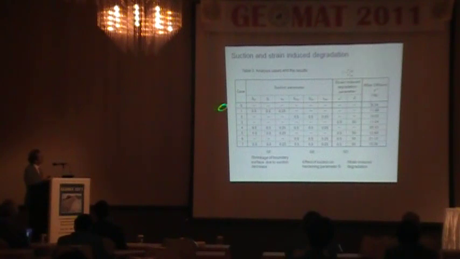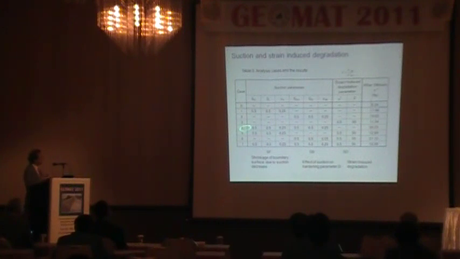The first case is no degradation, no effect of suction, and no strain-induced degradation. Case 1 is the degradation, the shrinkage of boundary surface due to the suction. And case 2, the degradation, effect of suction, from the hardening boundary. And also case 3 considers only strain-induced degradation.